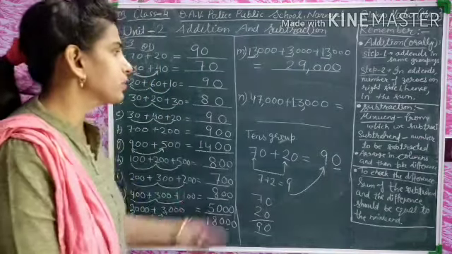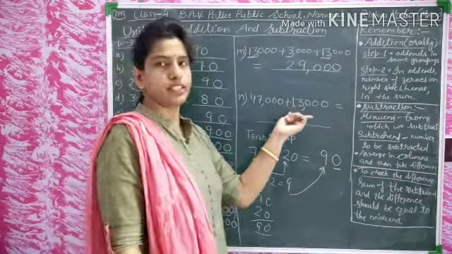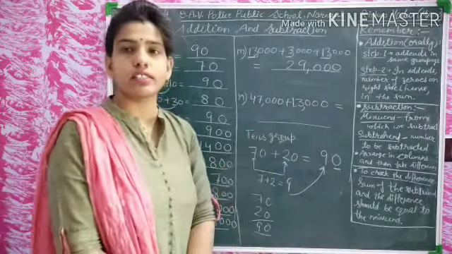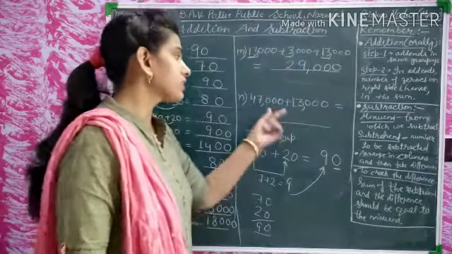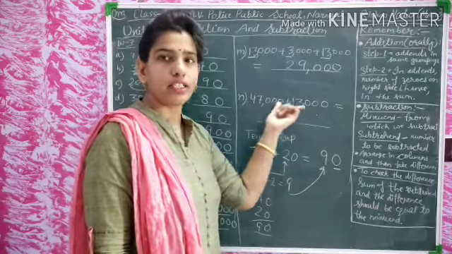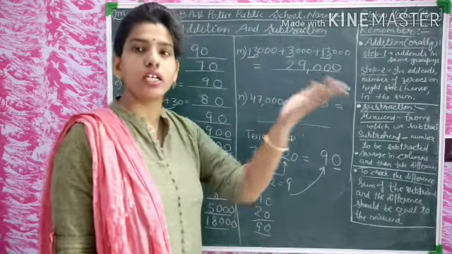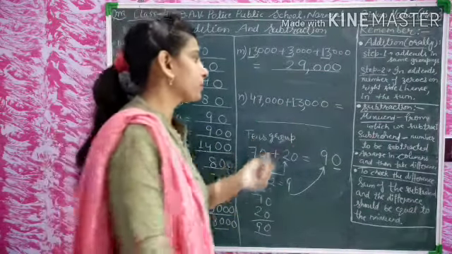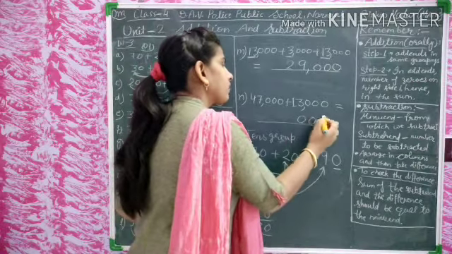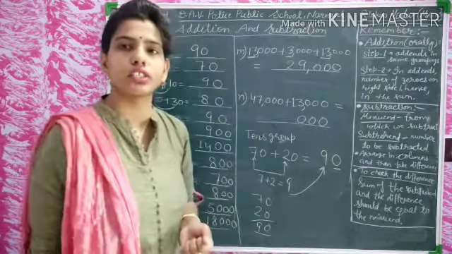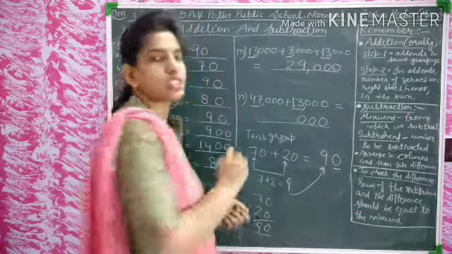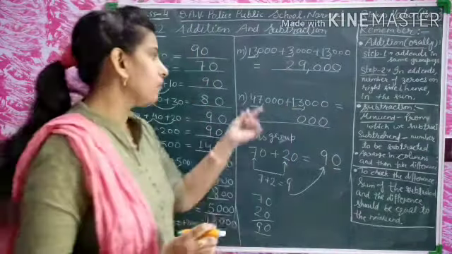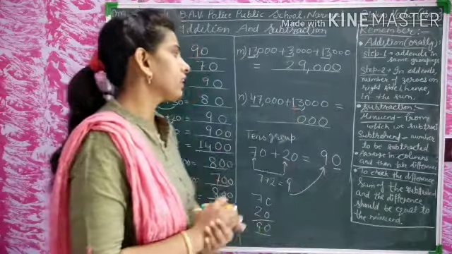Is it clear, students? Now we are adding this number. This is also in the thousands grouping, and there are 3 zeros on the right side. We will put them in the sum also. There are the 3 zeros, and we are adding thousands place digits. Thousands digits are 47 and 13.